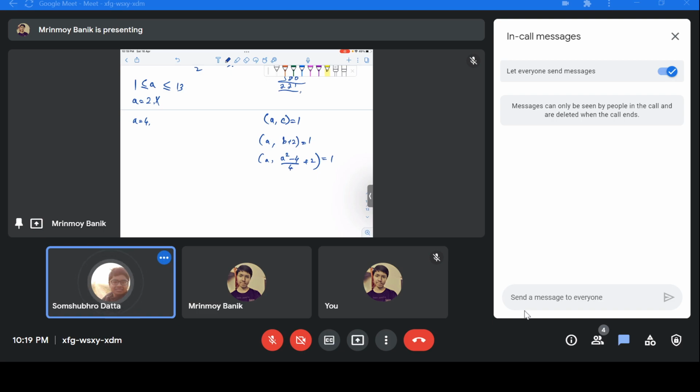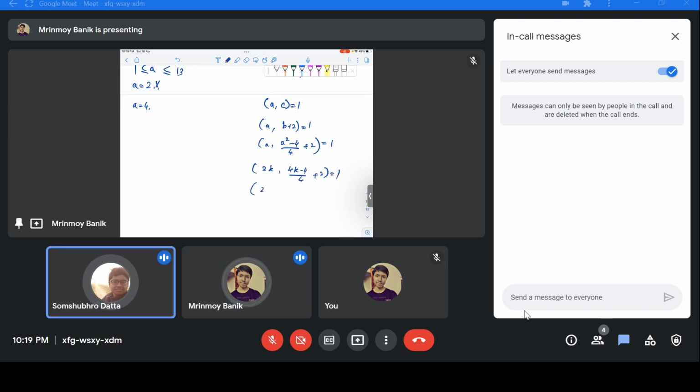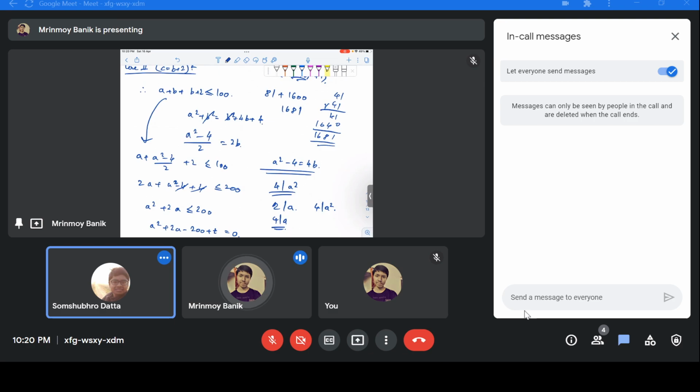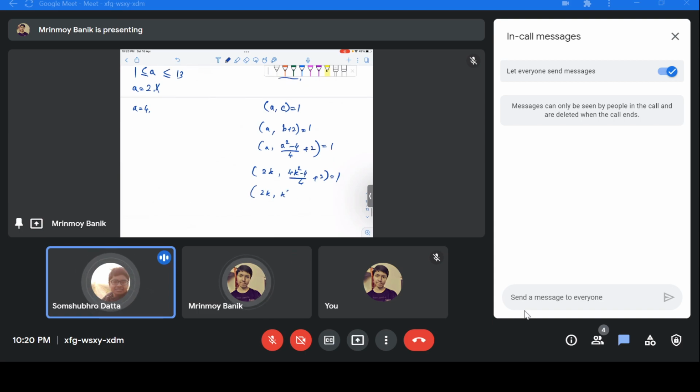So then the GCD automatically becomes 2 minimum. So A is of the form 2k, right? Then 4k squared minus 4 by 4, plus 2. Oh yeah, sorry. Because if A was 2, the case would be dismissed.